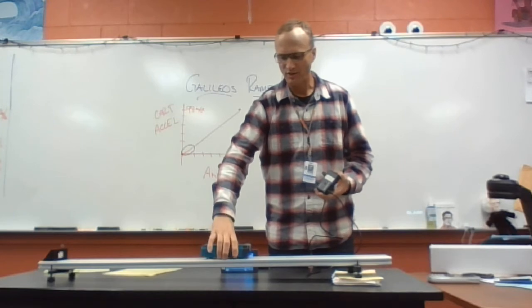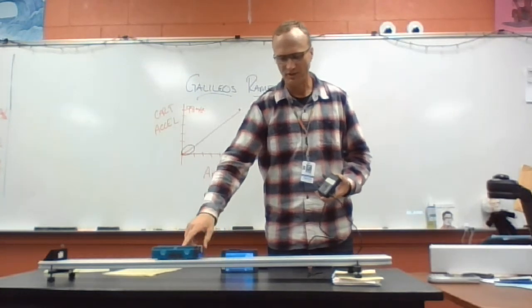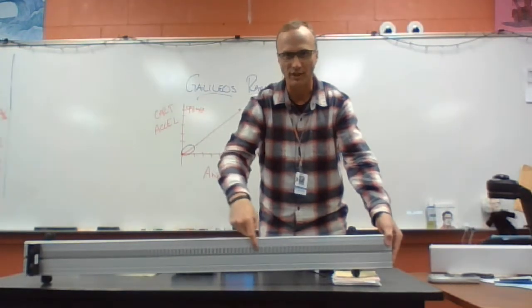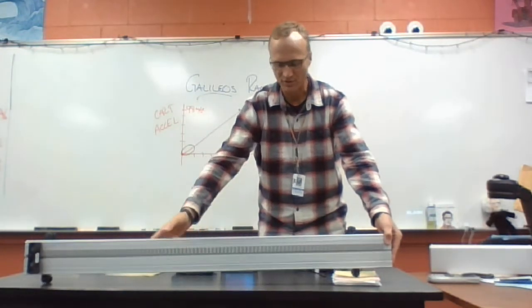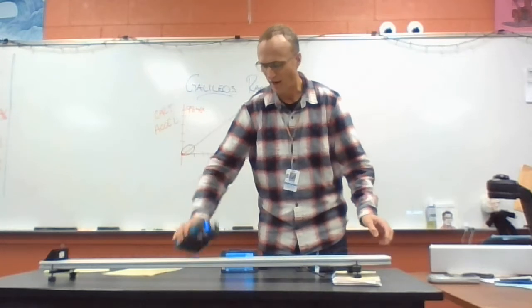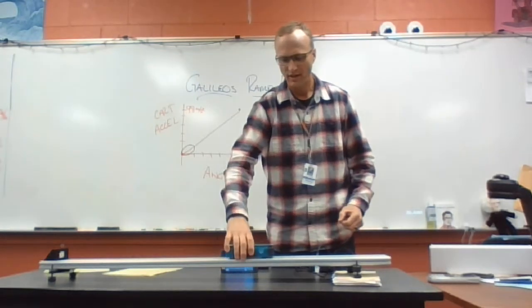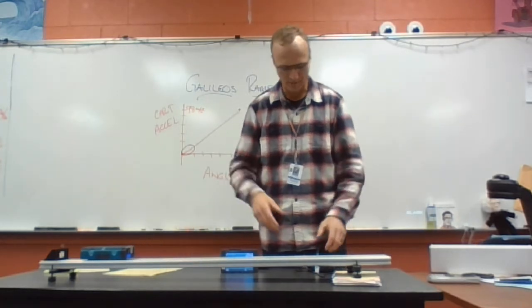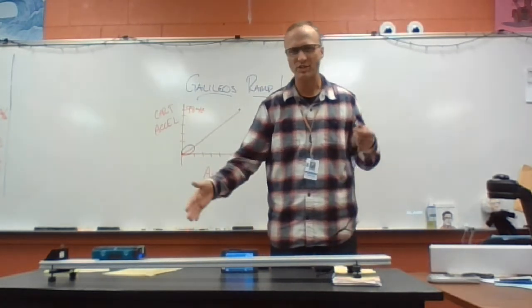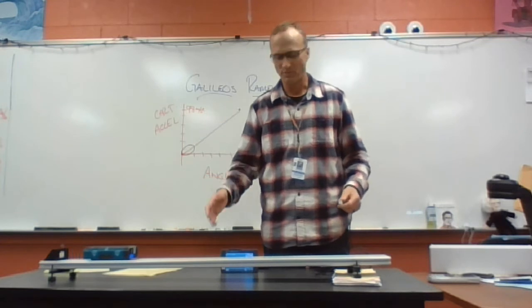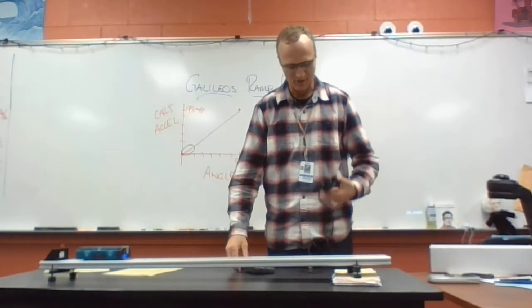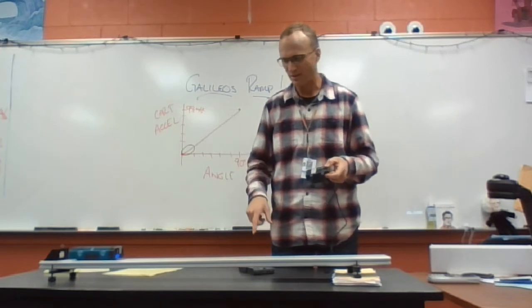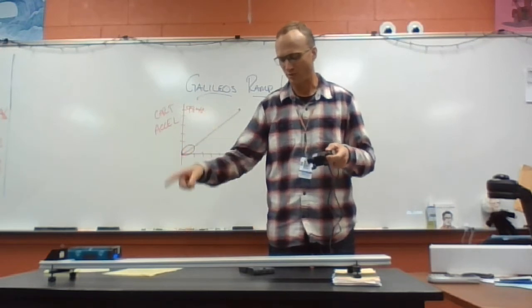If I set the cart on the track, you'll see there are little stripes on the track. They look kind of like a barcode. These stripes are read by a sensor in the bottom of the cart, and as the cart passes the stripes, it can tell how fast it's passing the stripes, and it can measure not only location, but also determine speed, and so on. So all we have to do is plug in this, which talks to the LabQuest, and relays information from the cart to the LabQuest.